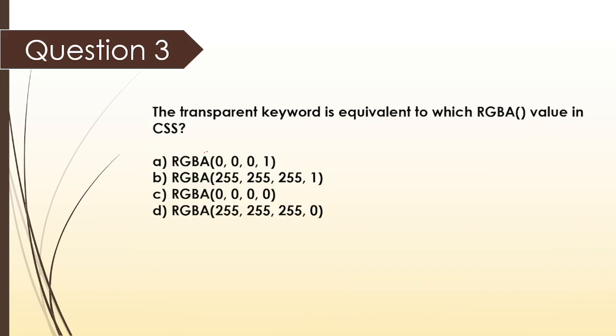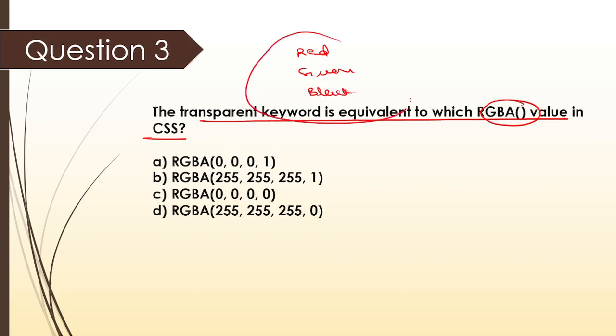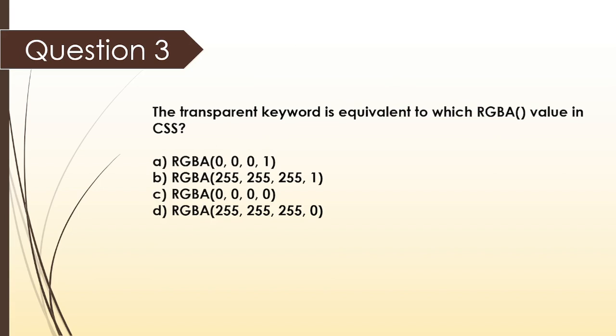Next question is, the transparent keyword is equivalent to which RGBA value in CSS? What is the meaning of RGBA? Basically R means red, G means green and B means blue. With RGB we can create different color combinations and hexadecimal RGB colors.